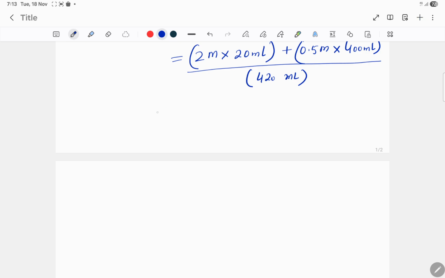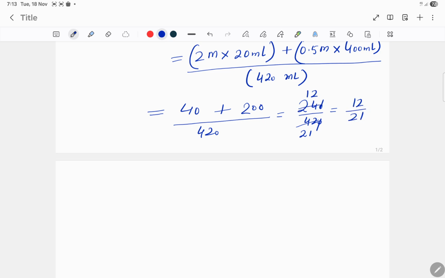Now we are going to solve it. 2 multiplied by 20 is 40, plus 0.5 multiplied by 400 is 200, divided by 420, which becomes 240 divided by 420. We divide it by 2, as 2 is a common factor, and it becomes 12 divided by 21.